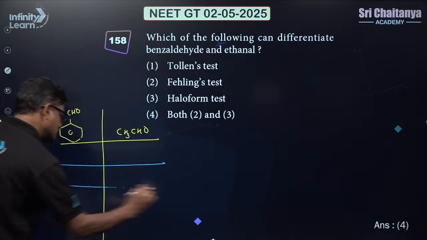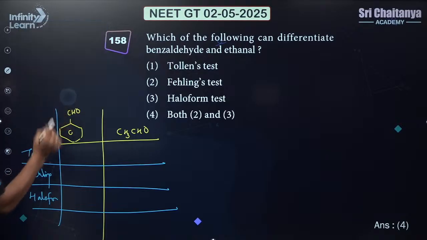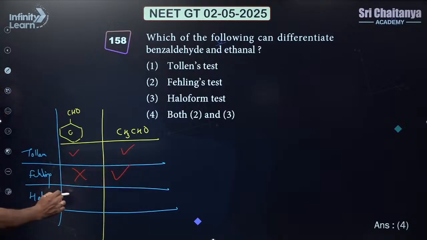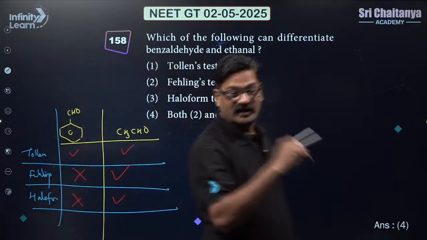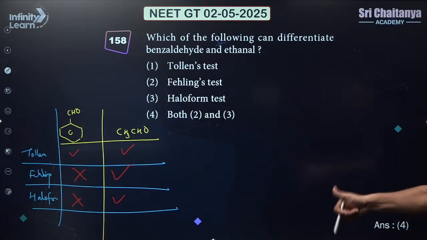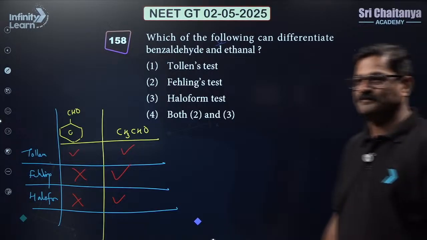When you see this, Tollens is given by this as well as this. Fehlings is not given by this. Haloform is not given by this. So check this answer here. One is given, another one is not given. Then only you can differentiate it. Understand? Clear? So by that analysis you should choose option 4, 2 and 3.